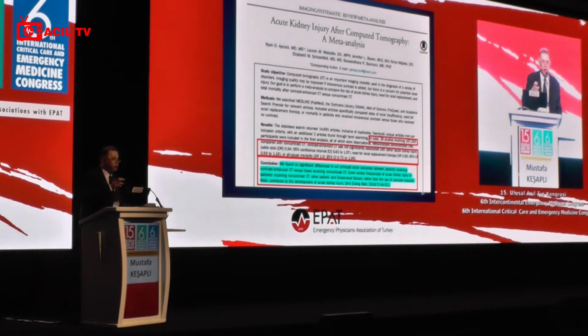They collected 28 papers and meta-analyzed more than 100,000 people, and there is no risk, there is no difference between using contrast or non-contrast CT. So maybe, but this is a little bit of a confusing topic, so I will not speak more on it.